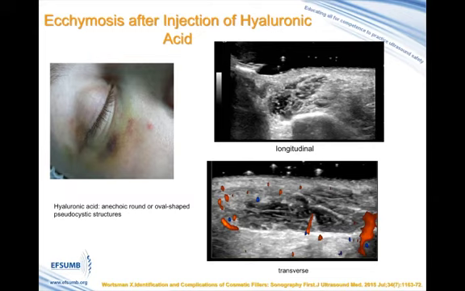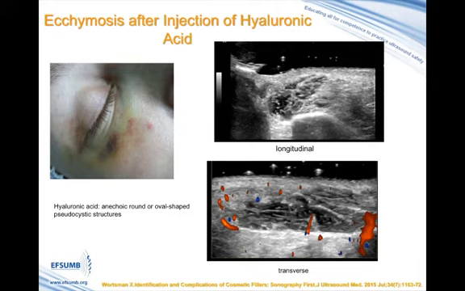In the grayscale ultrasound image located on top, you can notice the hyaluronic acid deposits in the subcutis of the lower eyelid that are protruding into the lower fat pad of the orbit.